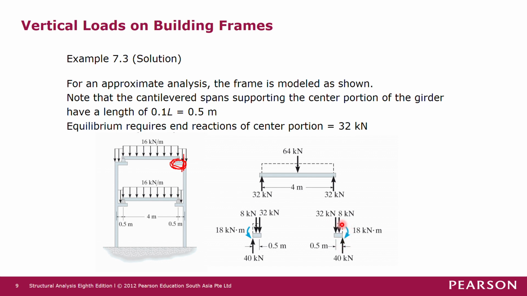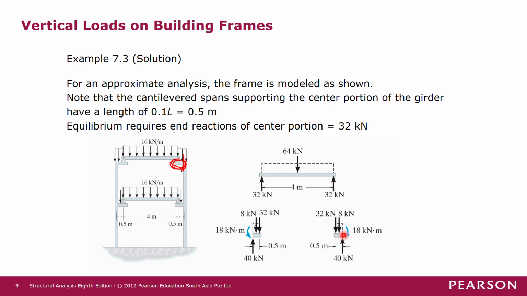And then, as I mentioned just now, this moment is also an unknown reaction. To get the magnitude of this unknown reaction, we assume this moment is a clockwise moment in the first place. To solve for that moment, we sum the moments about this point here.